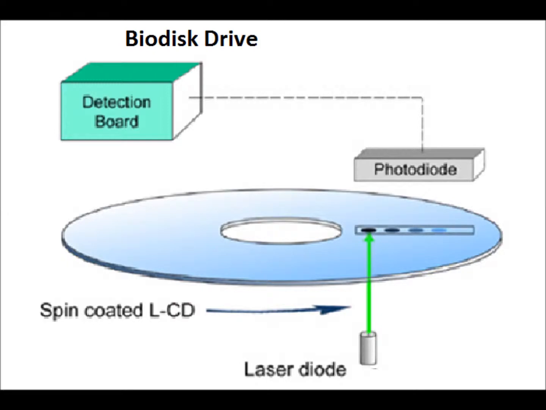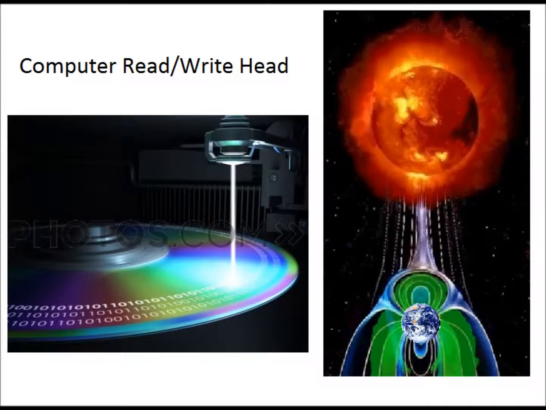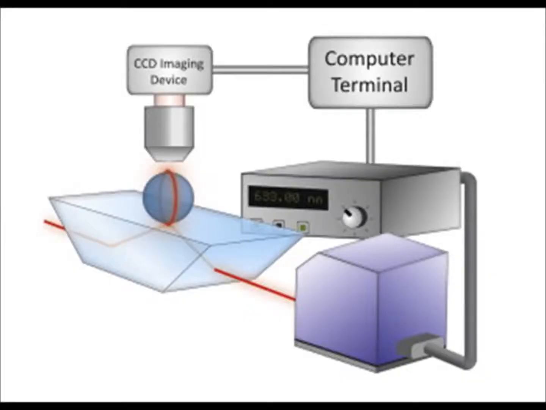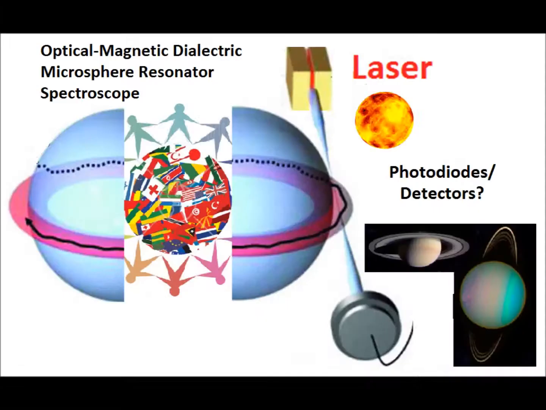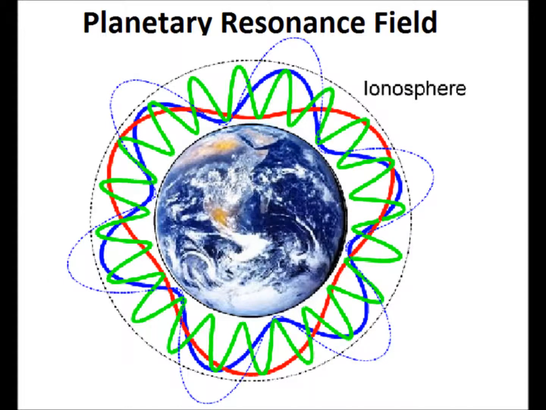Earth is some kind of fused optical, magnetic, gravitational, computerized spectroscope, resonator microsphere. These are the equivalent of spherical petri dishes that use the forces of light and magnetism as excitation and analytics agents.